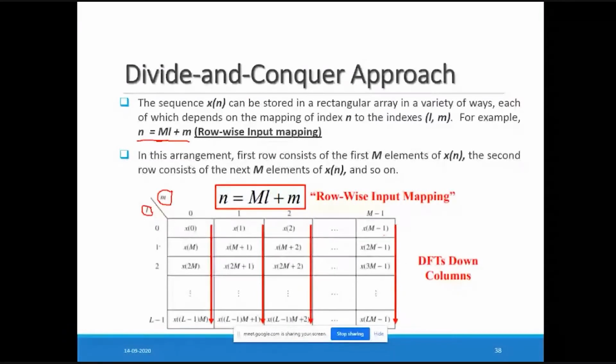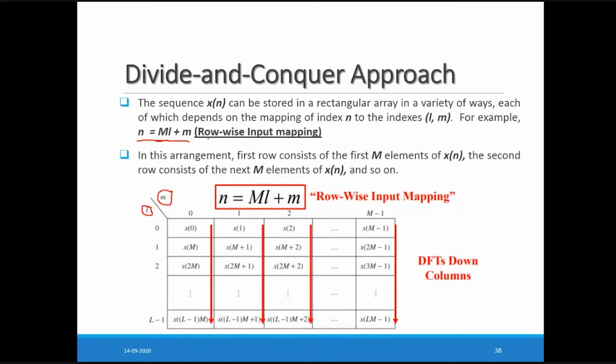Similarly, in the second one, x M plus 1 up to x twice M minus 1, and at the last x (L minus 1) into M up to x LM minus 1. So this is nothing but representing our input sequence in a rectangular array with a row wise input mapping. This is known as row wise input mapping.